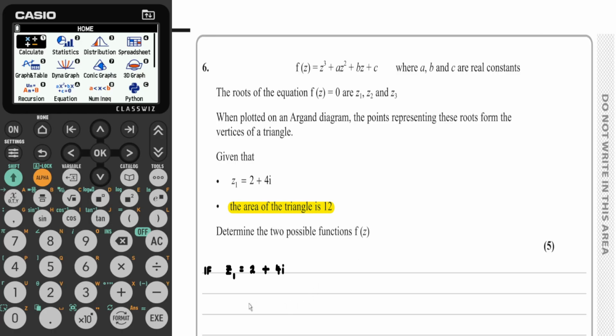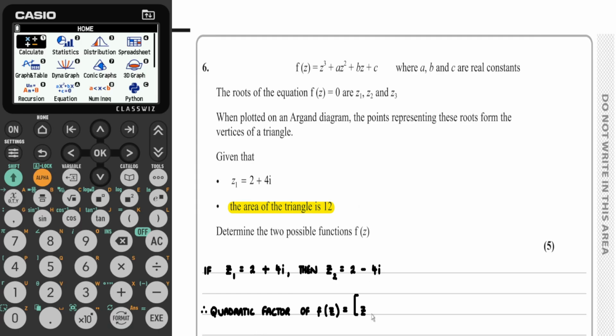To begin with, if z1 is equal to 2 plus 4i, and we know that this is a root of the equation f(z) = 0, that means z2, which is equal to the complex conjugate of z1, 2 subtract 4i, will also be a root of the equation f(z) = 0. We have this cubic equation, and knowing what z1 and z2 are, we can find a quadratic factor of f(z).